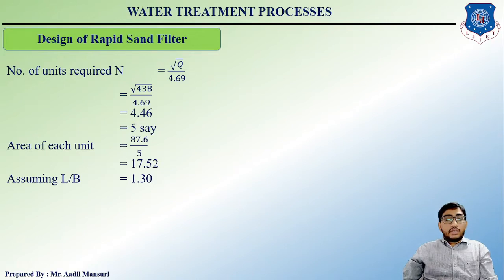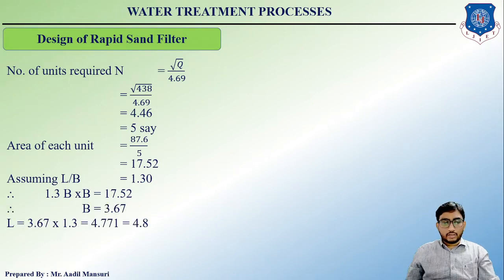Now in the design criteria, I had told you that we need to assume the L by B ratio, right? And for example, here we are taking it as 1.3, right? So 1.3 B into B will be equal to 17.52, right? So B will be equal to 3.67, right? Now finding out the length, that will be 3.67 into 1.3, that is equal to 4.771, that is approximately 4.8.